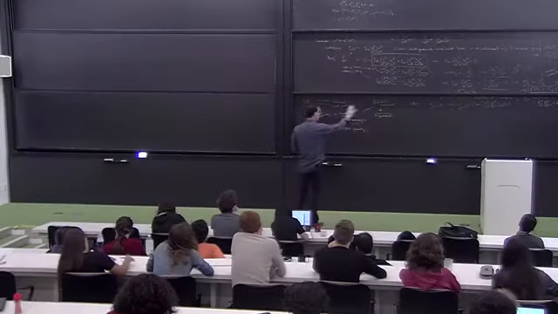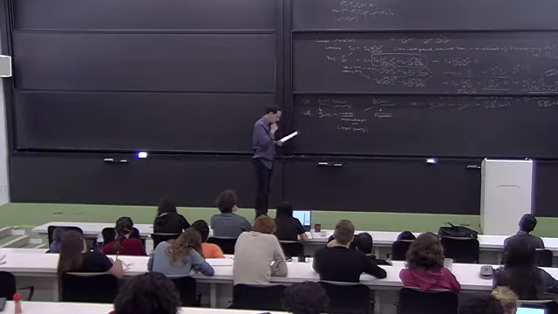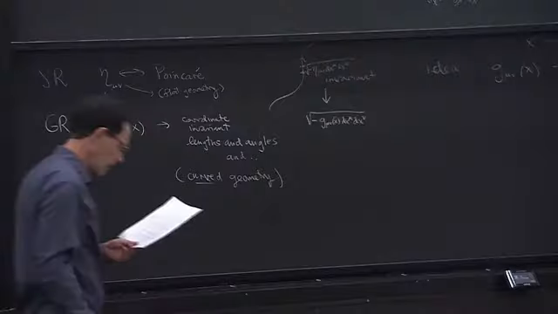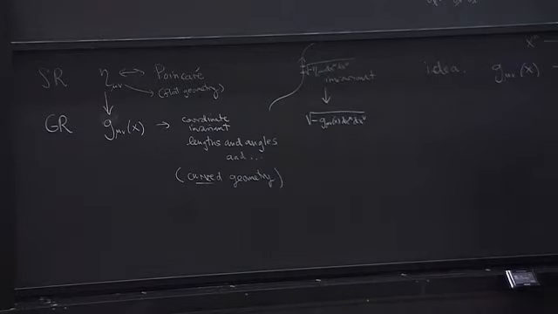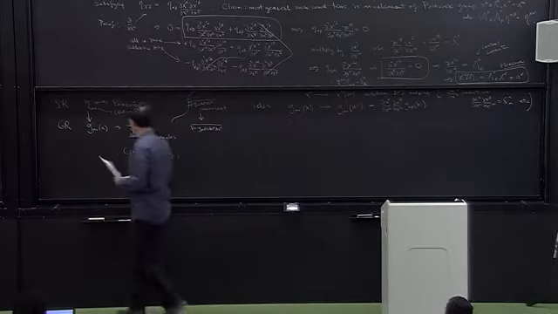And in general, we're going to need twice differentiable functions, maybe even 3 times. But we're going to need these functions, the coordinate transformations, to be differentiable in general. Okay, so this is the picture.